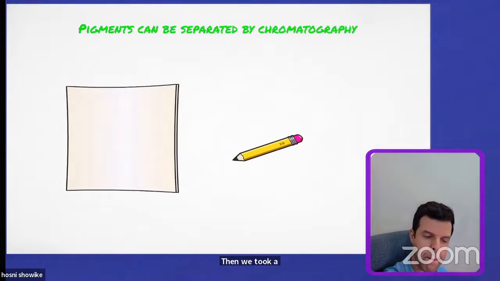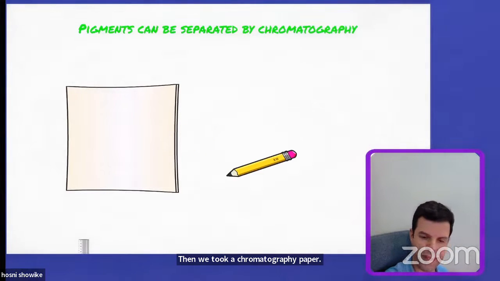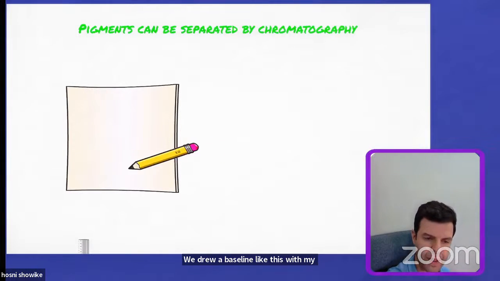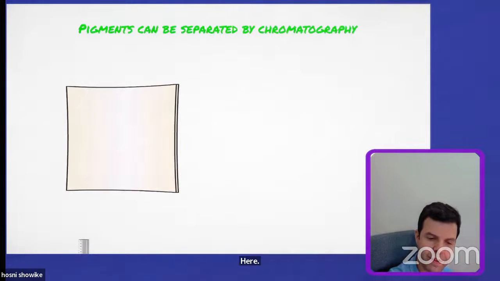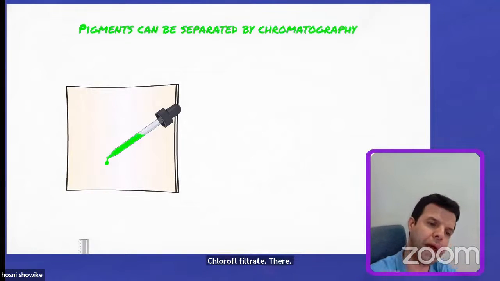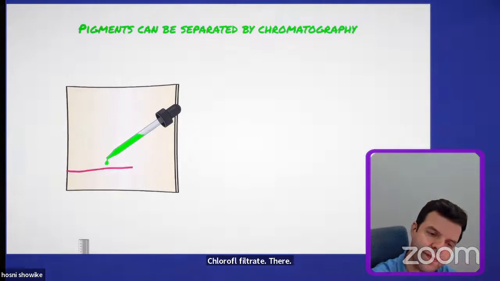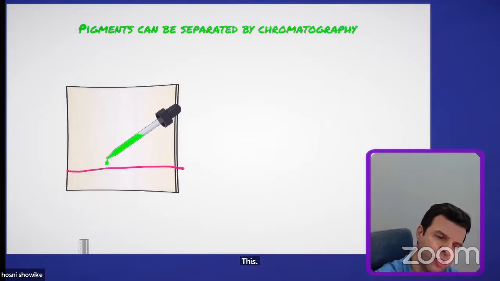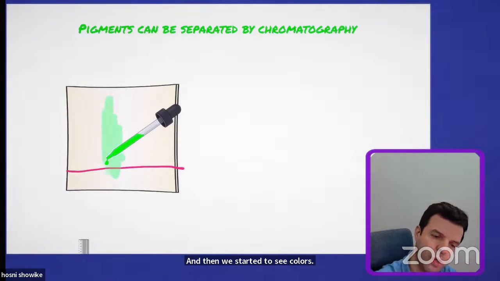We drew a baseline like this with my pencil here. And then we took that chlorophyll filtrate there. We put it on the baseline, this. And then we started to see colors like that all over.